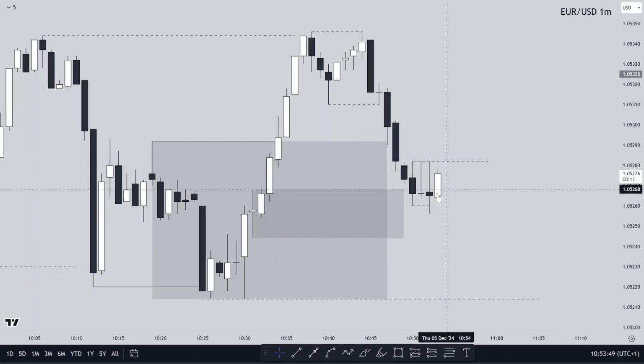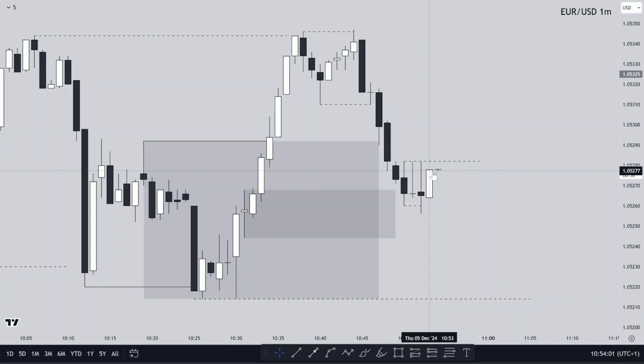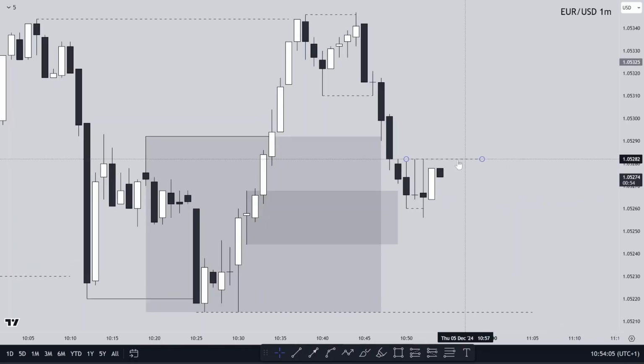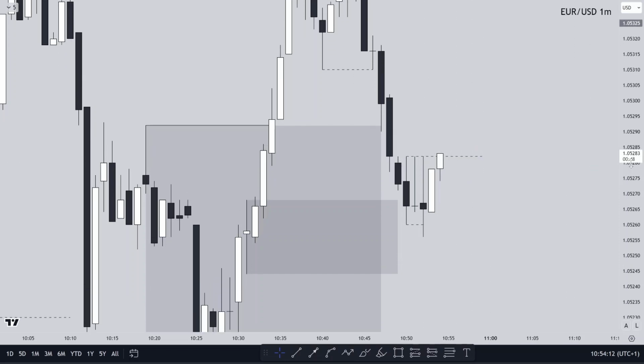As I said before, it's a 50-50 because price is building liquidity from both sides, up and down. And yes, the candle closes below, but the candle didn't take out liquidity. This one, yes.